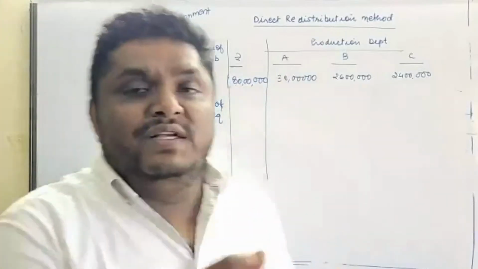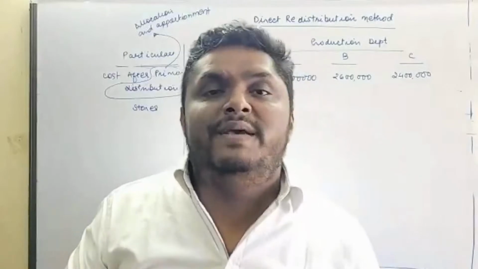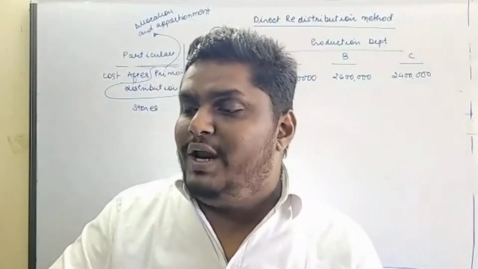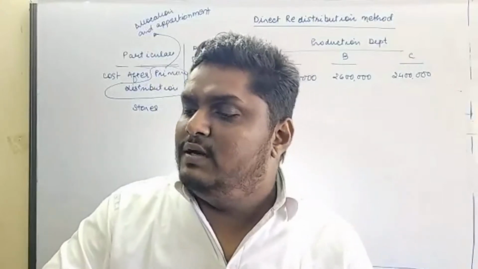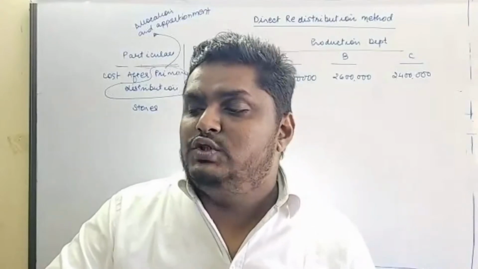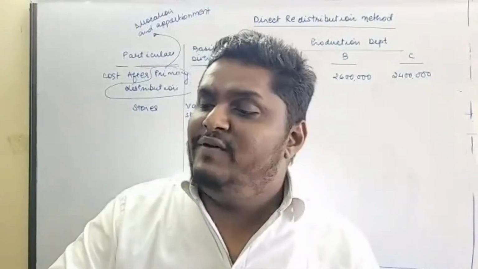The overheads of the stores department will be distributed on the basis of value of stores requisition. The value of stores requisition is 2,50,000, 1,50,000, and 1 lakh. So the ratio will be 5:3:2, divided by 50,000.